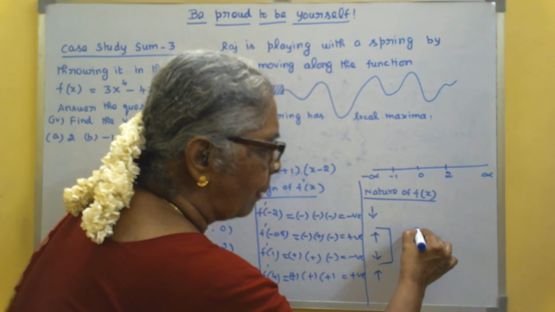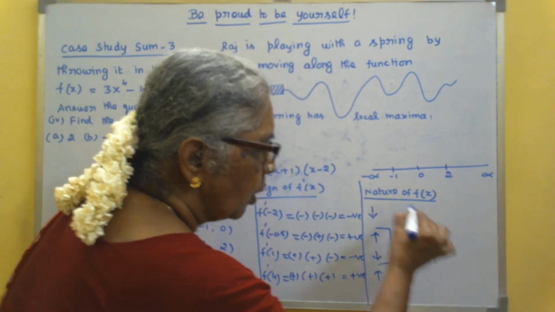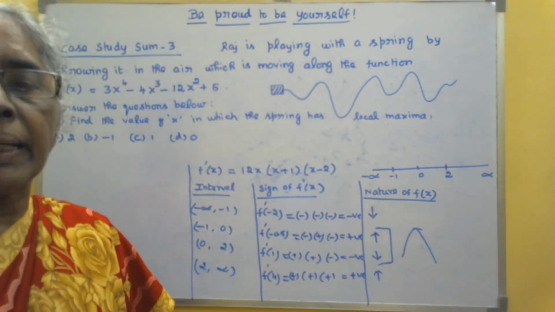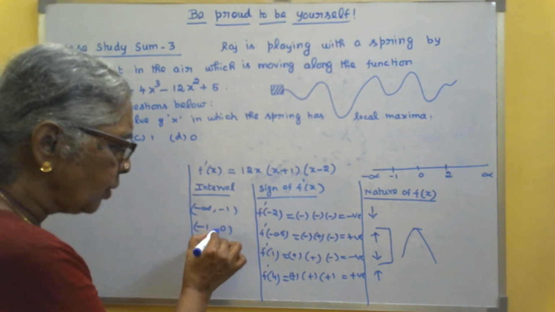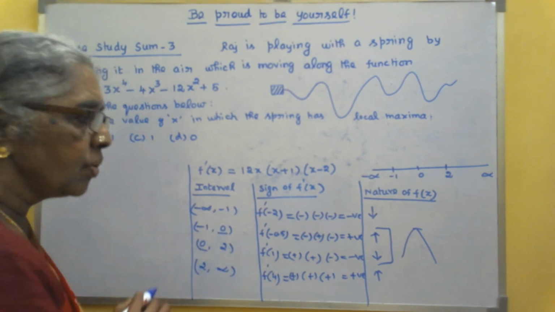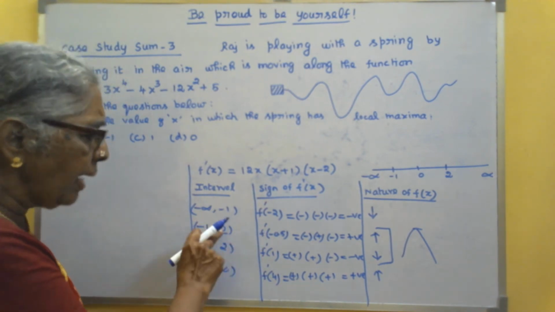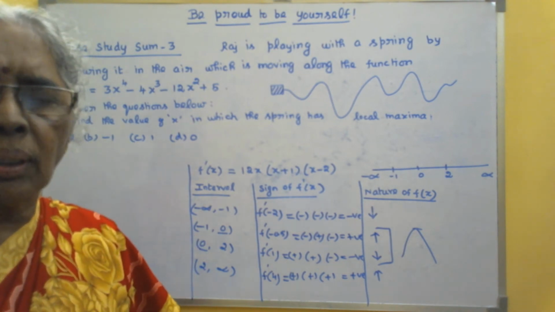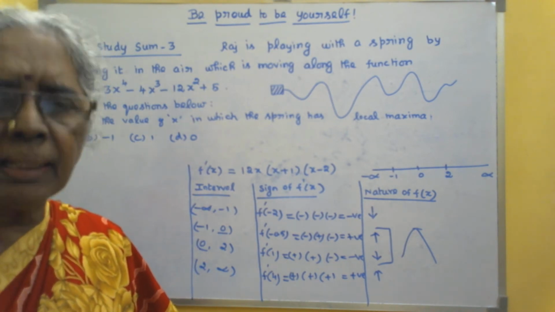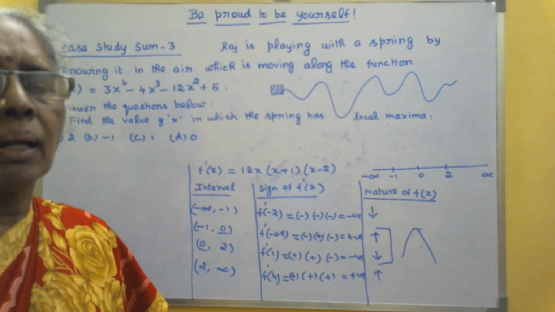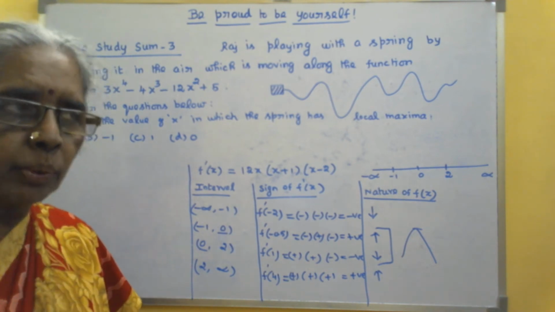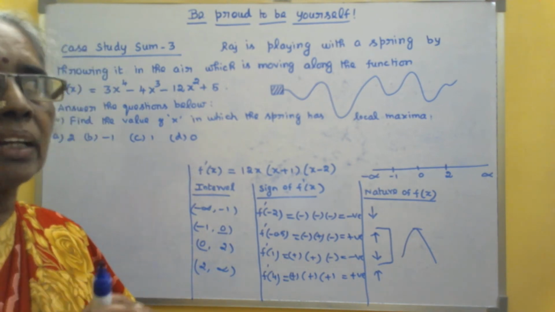That means it will go up like this. Then it comes down. So that point will be a local maxima. So what is the common point here? See, 0. So at x is equal to 0, the f of x, that is the spring, will have local maxima. That is how you have to find using the first derivative test.